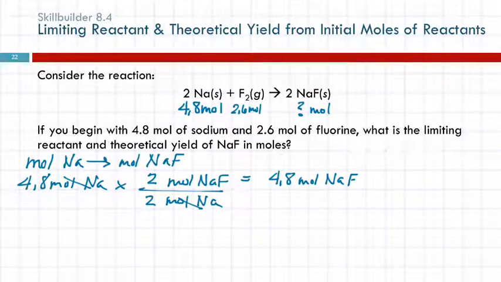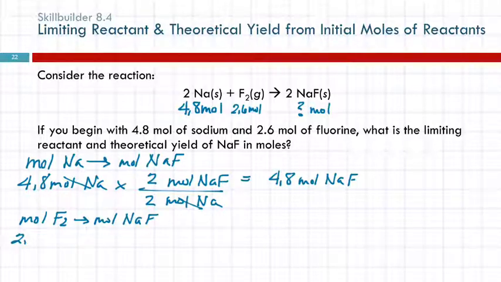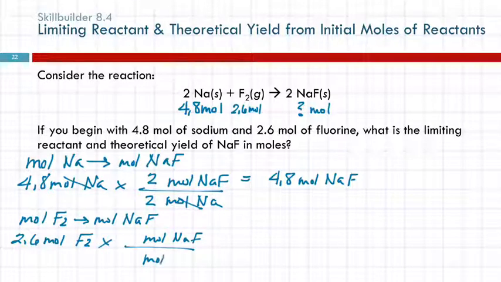And then I'm going to do it again with the fluorine. So moles of F2, stupid door, to moles of sodium fluoride. 2.6 moles of fluorine. I've got one arrow, moles of sodium fluoride on top, moles of fluorine on the bottom.